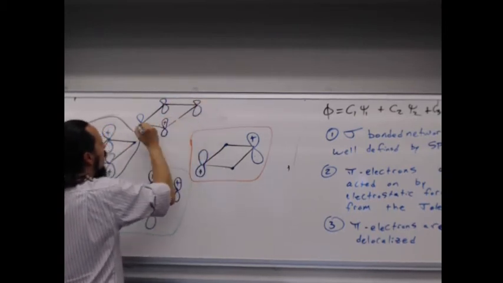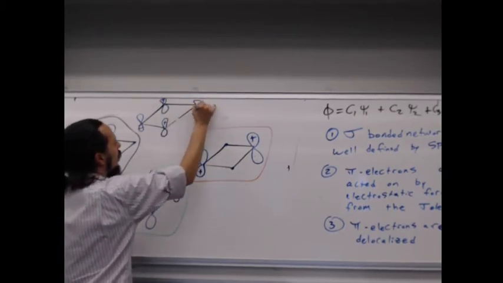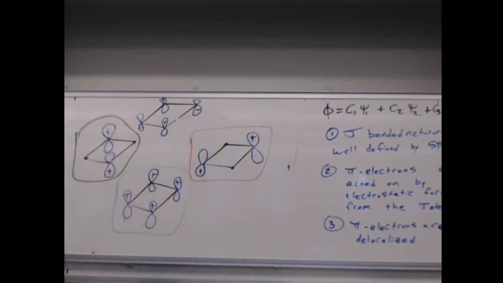So it's going to go like plus, minus, plus, minus. So I've got this case that's really symmetric. It has all the positive phases on one side, all the negative phases on another. I've got this one where it's constantly flipping back and forth. That ends up being higher energy.